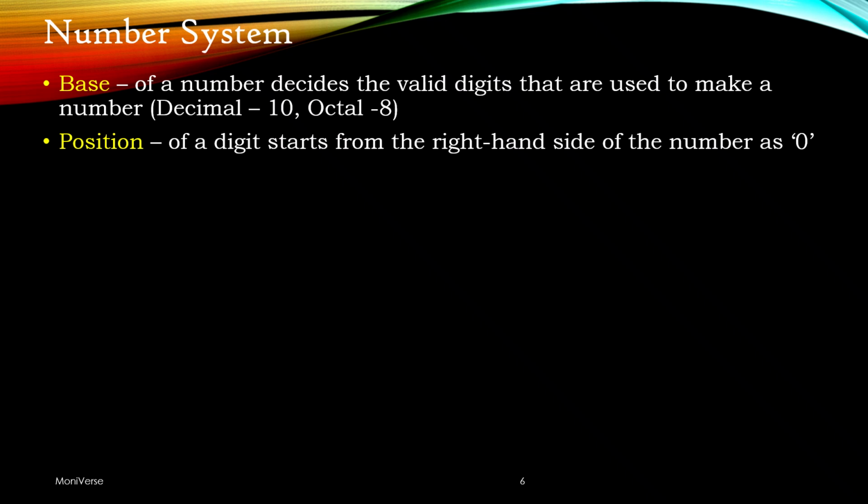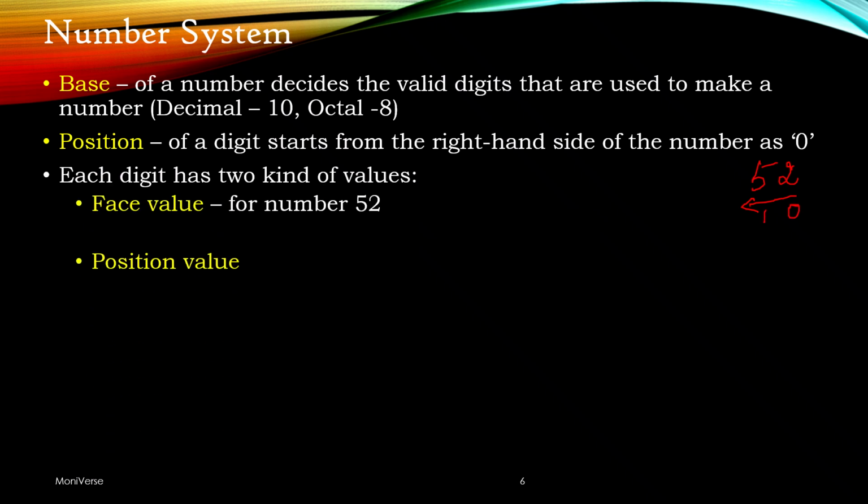And coming to the position, the position starts from the right hand side of the number. That is, for the number 52, it starts from 2 and then 5. And the starting value will be 0, 1, and it continues as we move on. So now we can see each digit, that is in 52, 2 is a digit and 5 is another digit. Each digit has a face value and a position value.